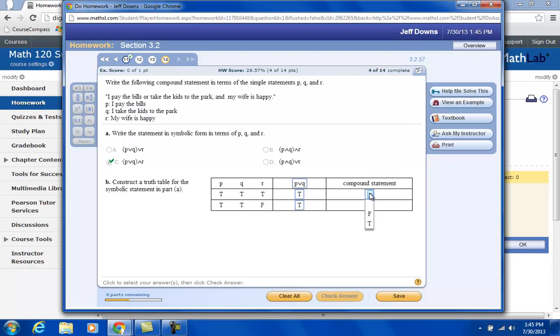Okay. So the final compound statement, when we have the first part or and R, they both have to be true. So the first part's true, and then the R's true, it'll be true. If the first part's true and the R is false, it's going to be false.